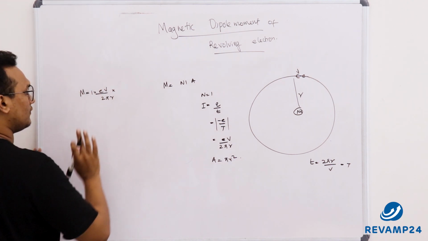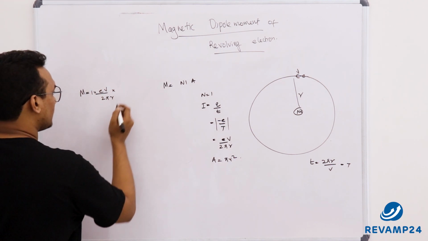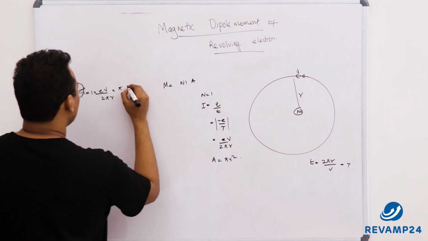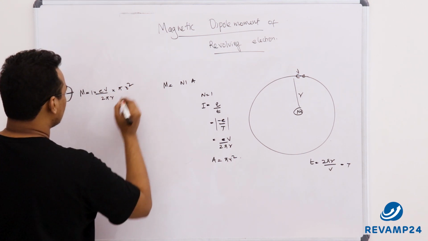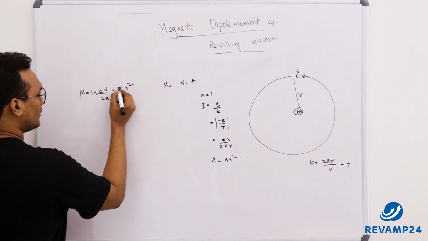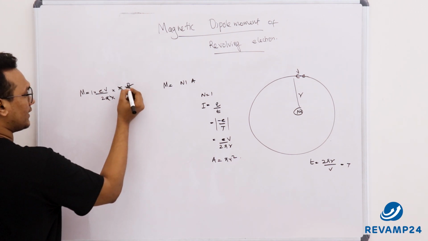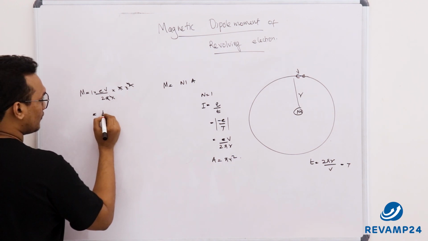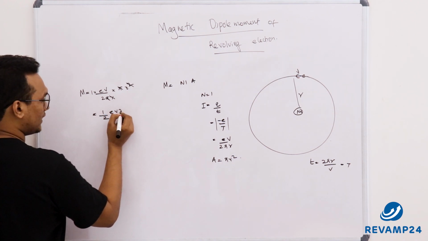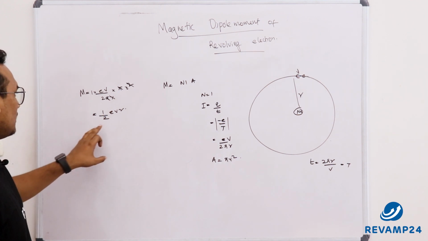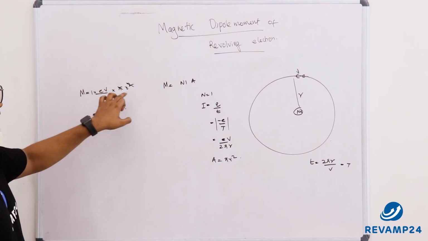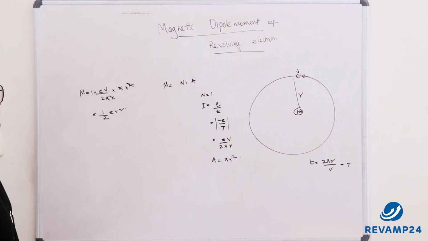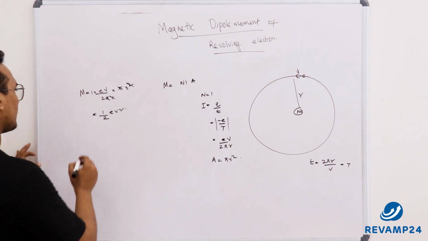Now when we multiply with pi R square, pi will cancel, and one R will cancel. So I will have 1 by 2 EVR, half EVR. That is the magnetic moment.